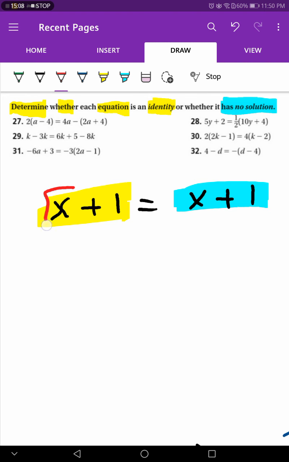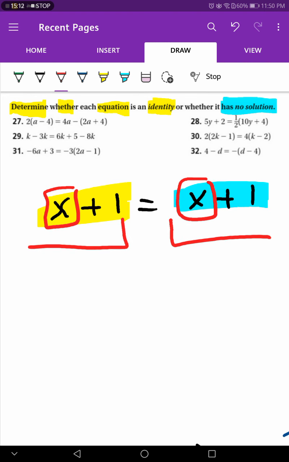Whatever the value here, all of the time the left side equals the right side. For example, give x equal 1, so this will be 2 and this will be 2. Give x equal 2, this will be 3 and this will be 3.